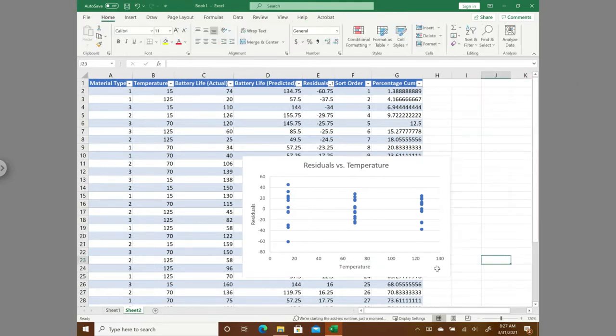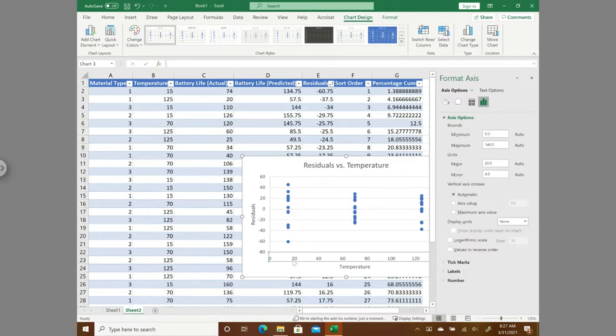Since we have only three temperatures, 20 degrees, 70 degrees, and 125 degrees, we can, if we want, change that x-axis scale, but it's okay.